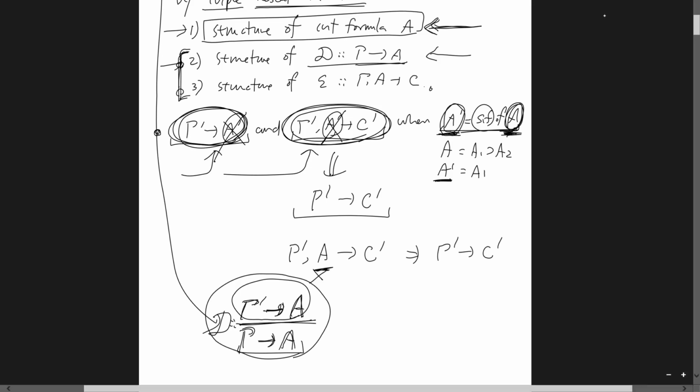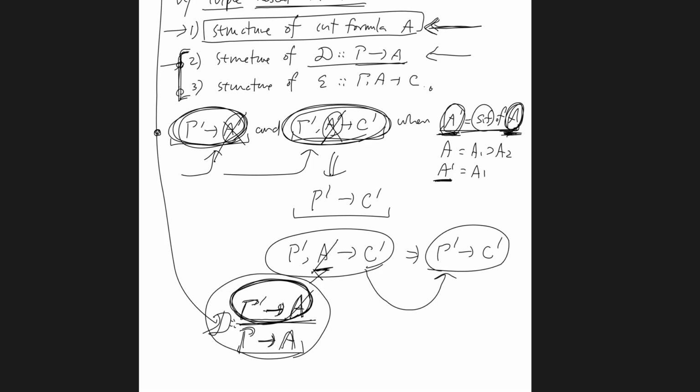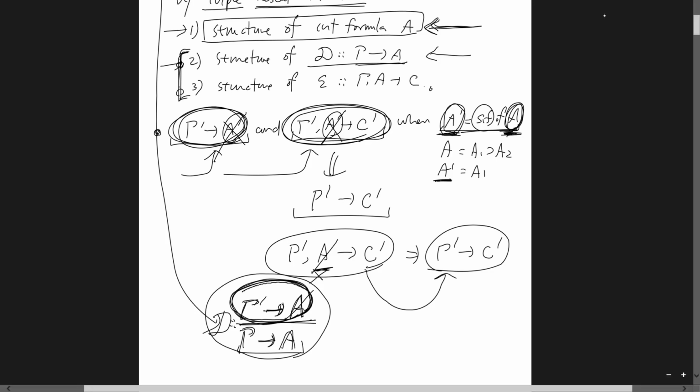So basically, if you have this one, you'd like to apply cut on this sequent and this sequent and get rid of A and produce gamma prime arrow C prime. And this is accepted because the proof of this sequent is strictly smaller than the proof of this sequent.